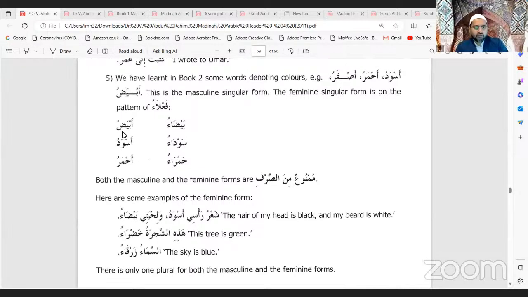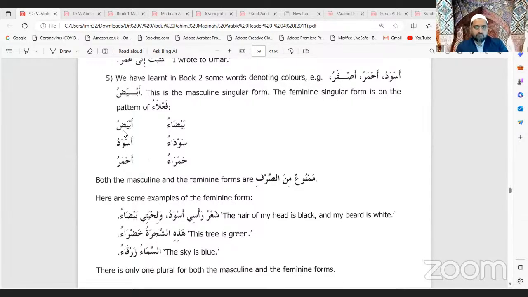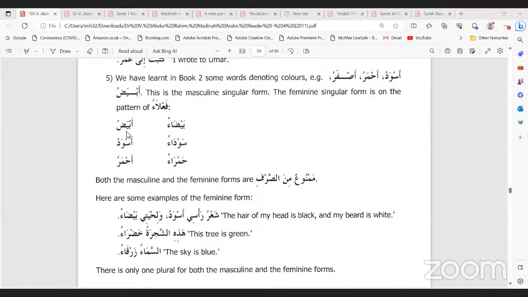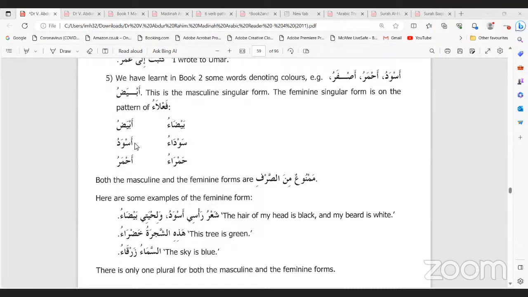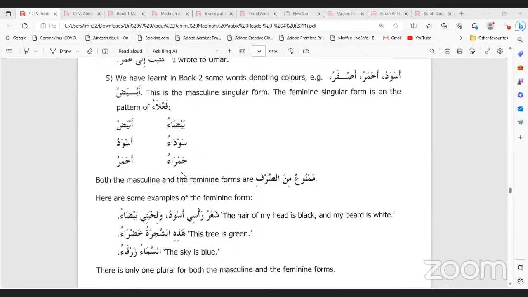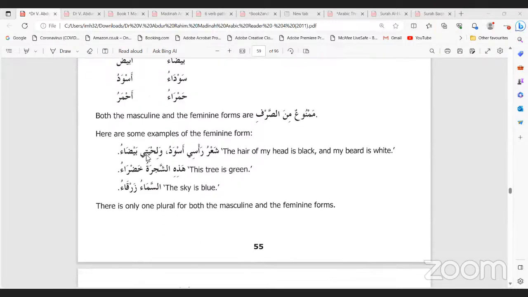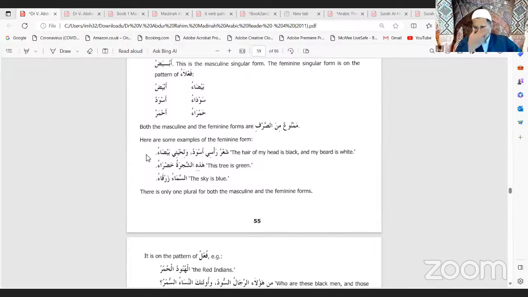Abyadu, which is white; Bayda'u. Aswadu; Sodao. Ahmaro; Hamra'u. Excellent. Both the masculine and the feminine forms are mamnoon minal sarfi. Mamnu min as-sarf means that they are diptote nouns.